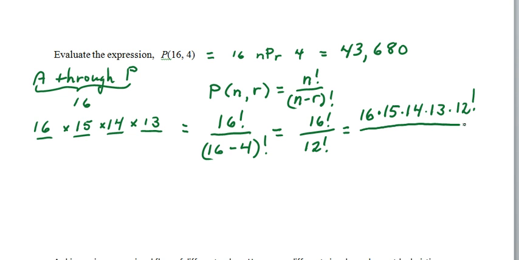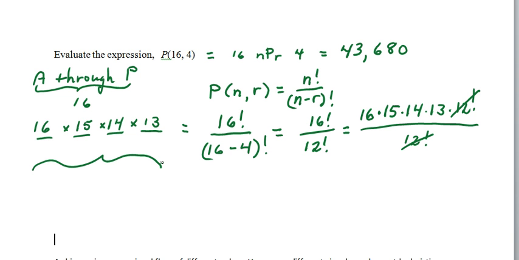So it'll go all the way down to 1. But notice we have 12 factorial on the bottom. So the 12 factorials cancel out, and we get 16 times 15 times 14 times 13, which we had before.